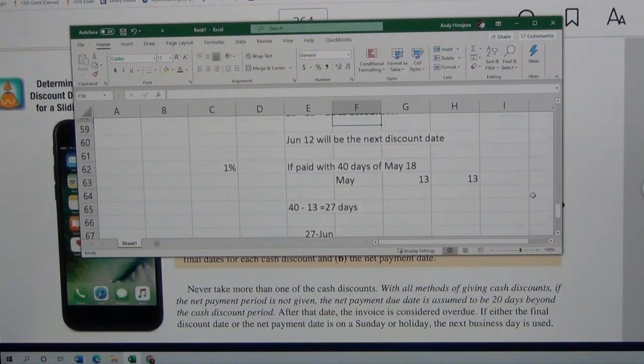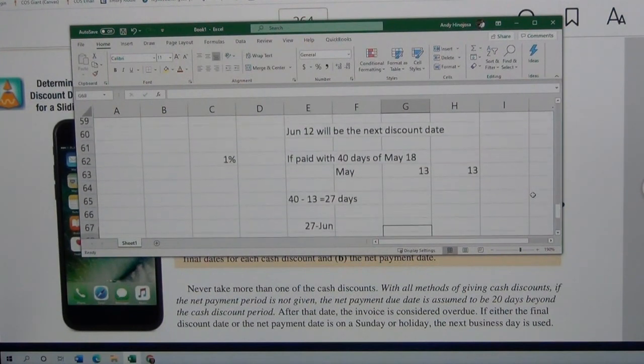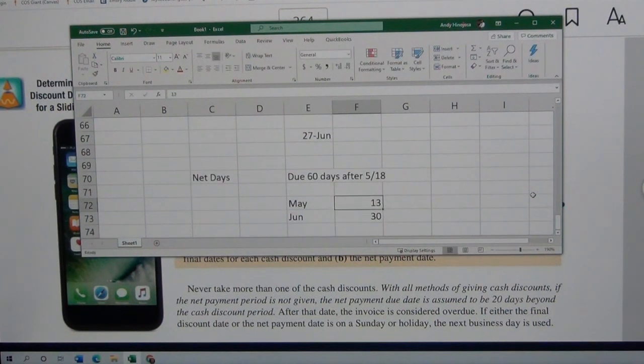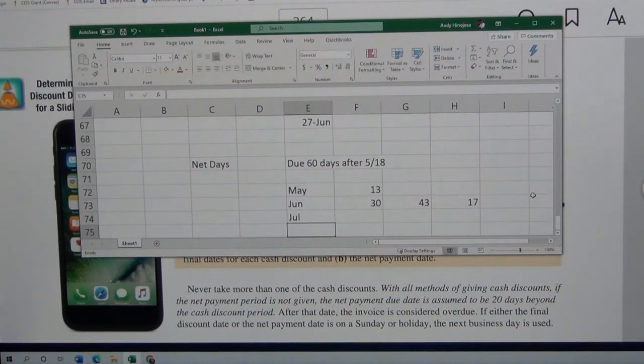I think we figured out that to be 13 days remaining in May. So let's use that 13. In June, there's 30 days in June, and we're using all that up. We know that's 43. We're still not there to 60, but we're at 43. How many days remaining? If we take 60 and subtract the 43, we have 17 days remaining. So that means this net payment day, the due date in 60 days, is on July 17th.